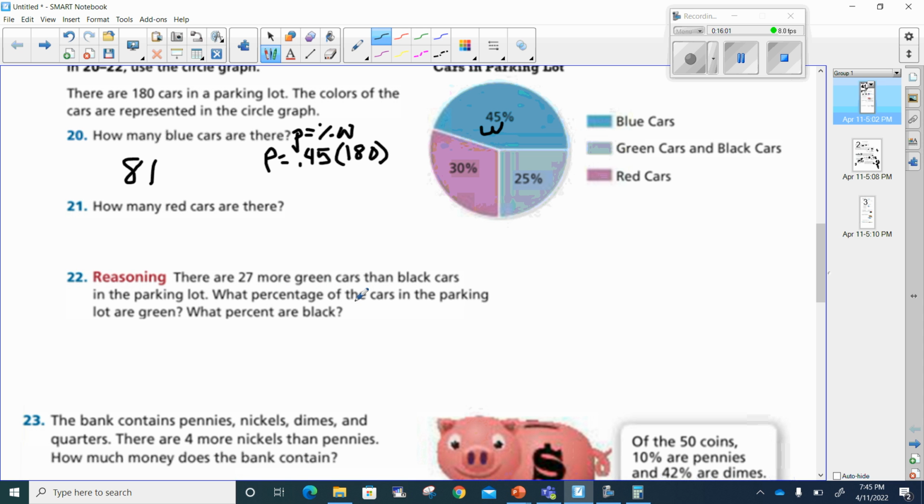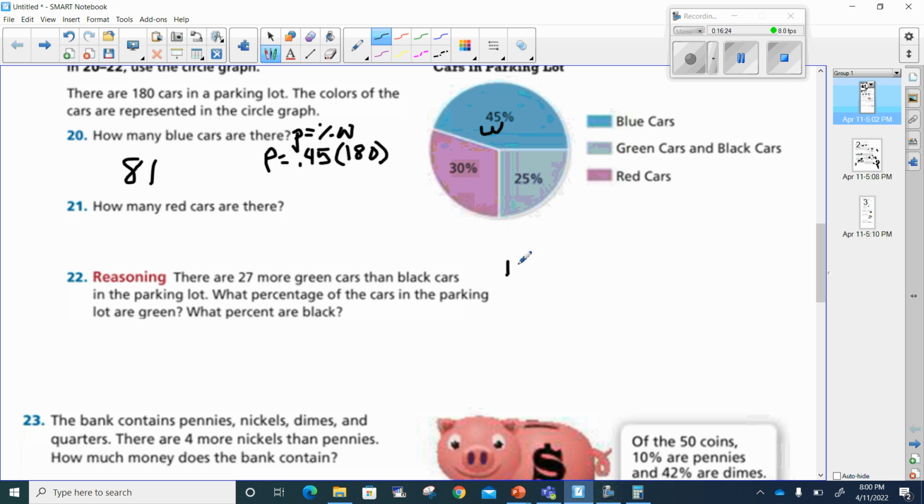And what percent are black? Wow, okay. All right, first of all, since there are 27 more green cars than black cars in the parking lot, and they want to know the percentage of the cars that are green and black, first we're going to have to find out what 25% of 180 is.